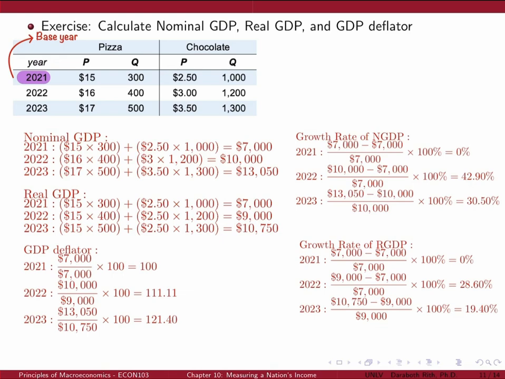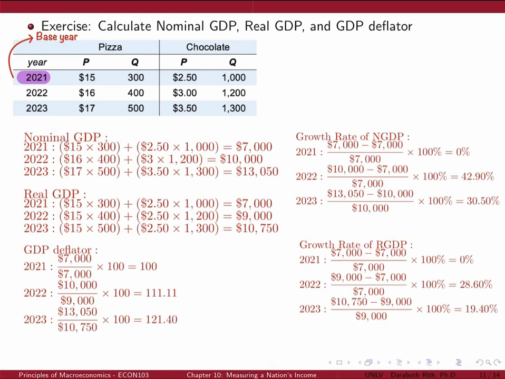For year 2022, nominal GDP of 2022 is $10,000. Nominal GDP of 2021 is $7,000. The growth rate of nominal GDP of 2022, so you take $10,000 minus $7,000 divided by $7,000 times 100%, that equals 42.90%.